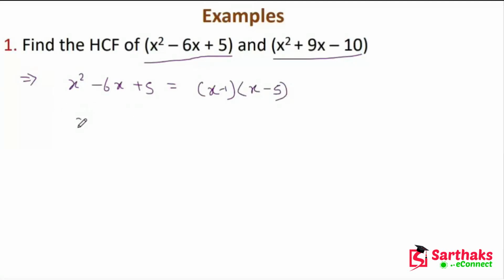And the factors of x square plus 9x minus 10 are (x minus 1) and (x plus 10). Okay, now what is the common factor in both of the polynomials?